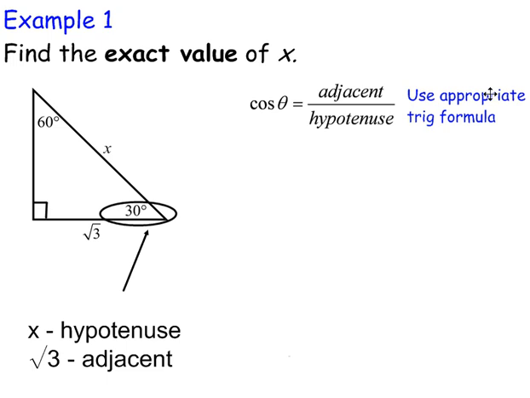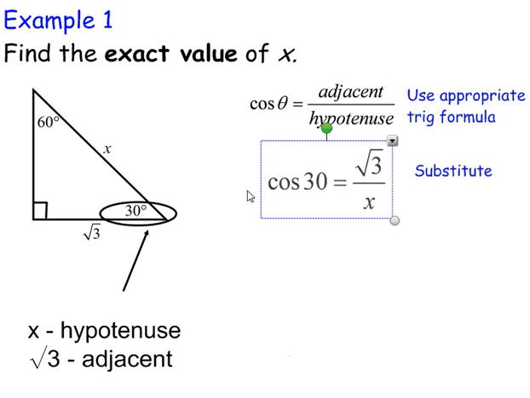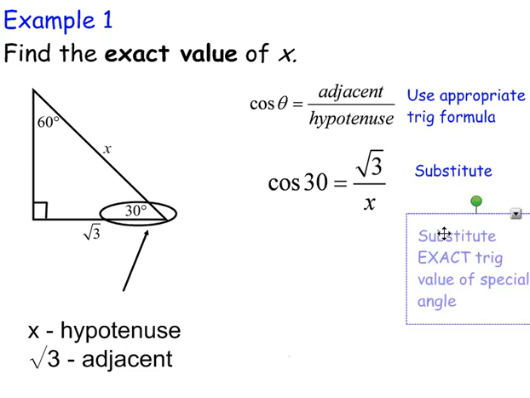All right, so use the appropriate formula. Now you substitute into the formula. So you get cosine of 30 is equal to radical 3 over x. After you substitute into the formula, substitute the exact trig value of the special angle. So what was the exact value of the cosine of 30? Well, let's go back.